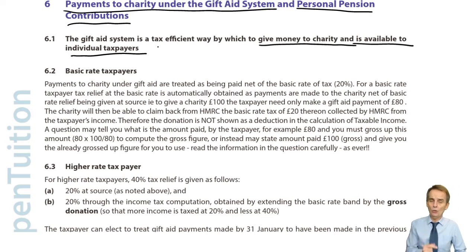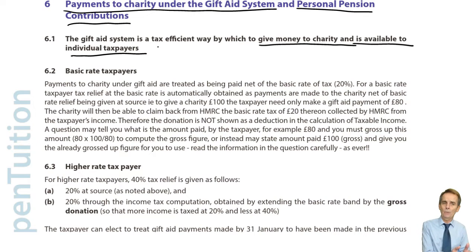Well, what happens if I choose to do that? Under the gift aid scheme, presumption I must at least be a basic rate taxpayer, then what the charity can do is go along to HMRC and say, this particular individual has given us £80, they are a basic rate taxpayer, they had suffered £20 income tax that they paid to you on their £100 of income, from which the £80 of net income derived, give us that £20.